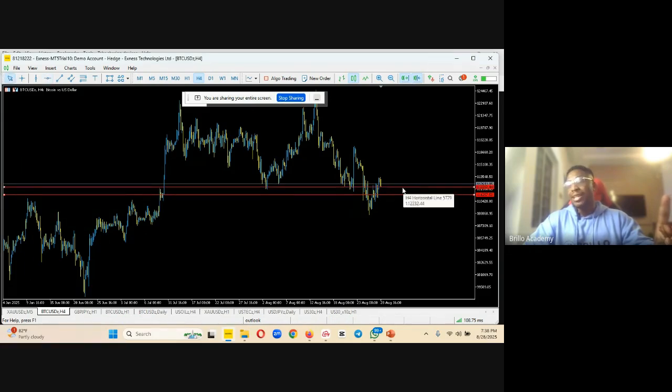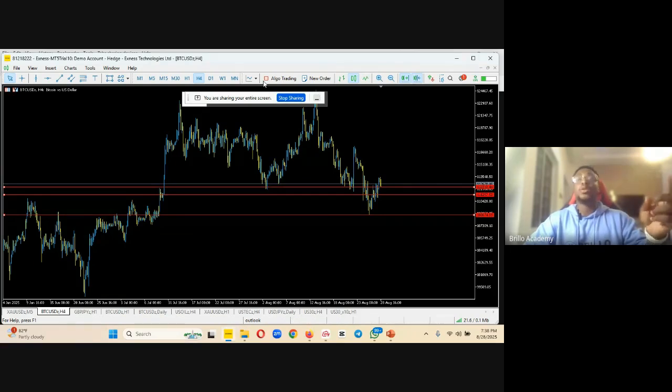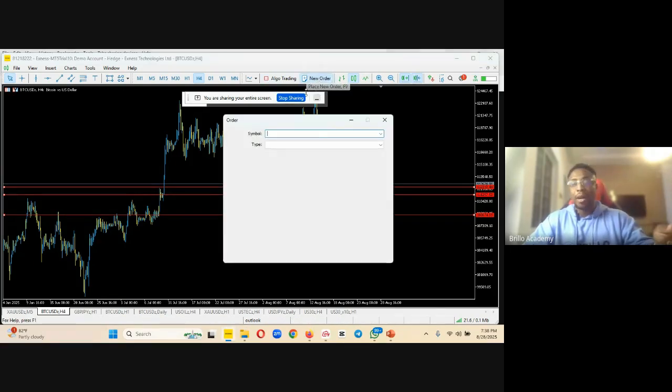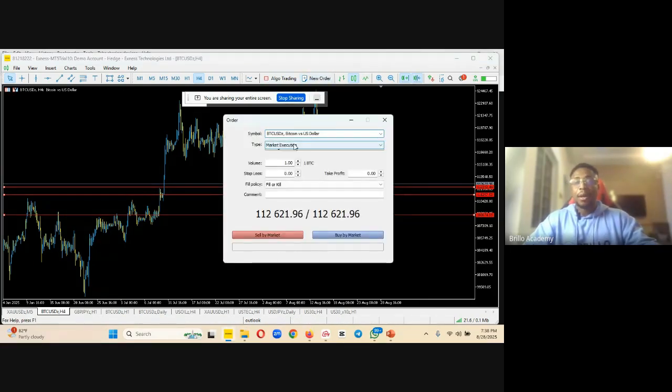So this second line is my stop loss, and the line below is my sell stop. That means my take profit has to be here, right? So the middle line is my sell stop, the one below is my take profit, and the one above is my stop loss.